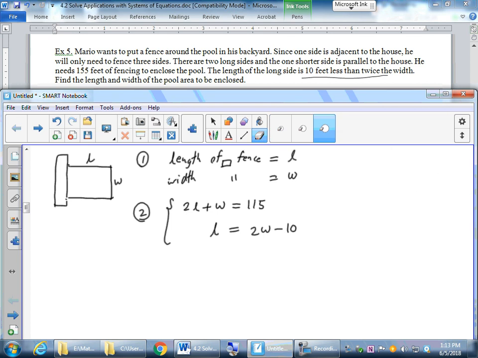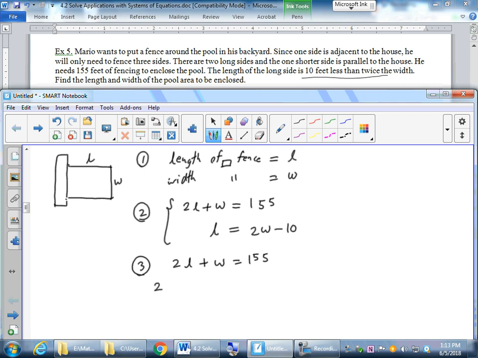So now we can solve this system by, again, the substitution method, which is 2L plus W is equal to 115. Oh, my bad. You see that? I copied it wrong. It should have been 155, not 115. So make sure you change that. And then I'm going to be substituting the length with 2W minus 10.